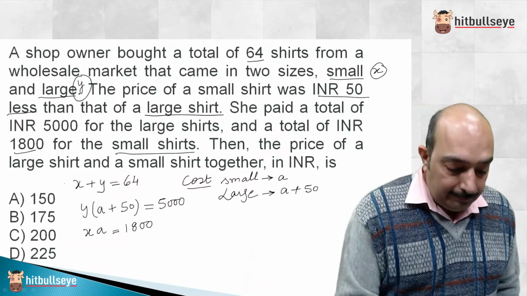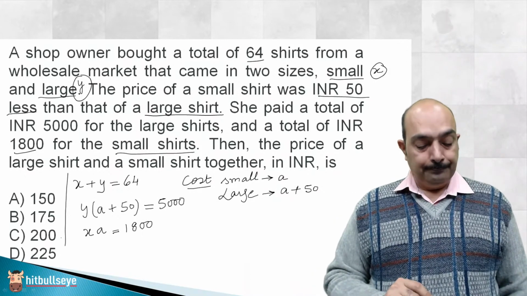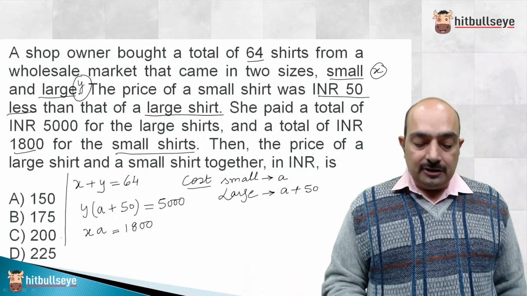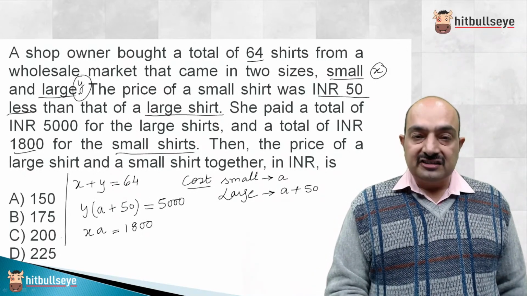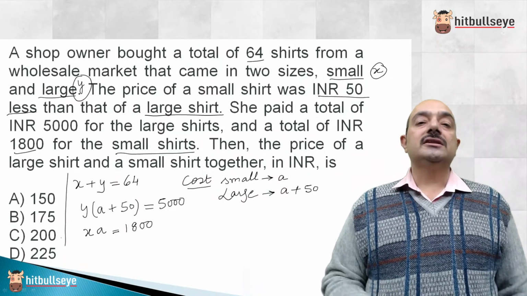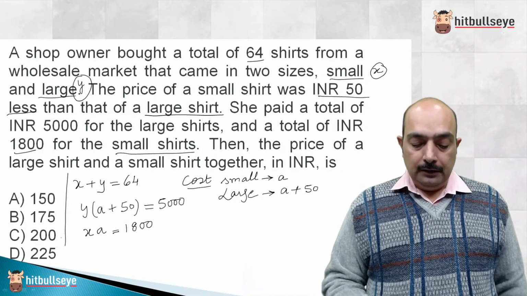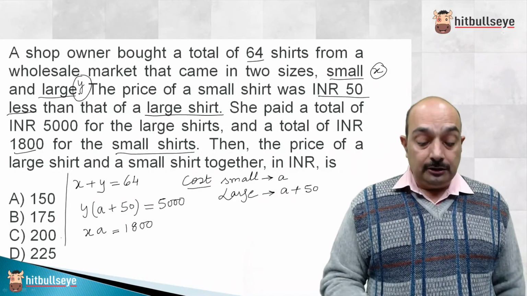For the time being, are the three equations clear to everyone? Total shirts 64, small, large, and the two equations dealing with the costing. So you have to solve the three equations.